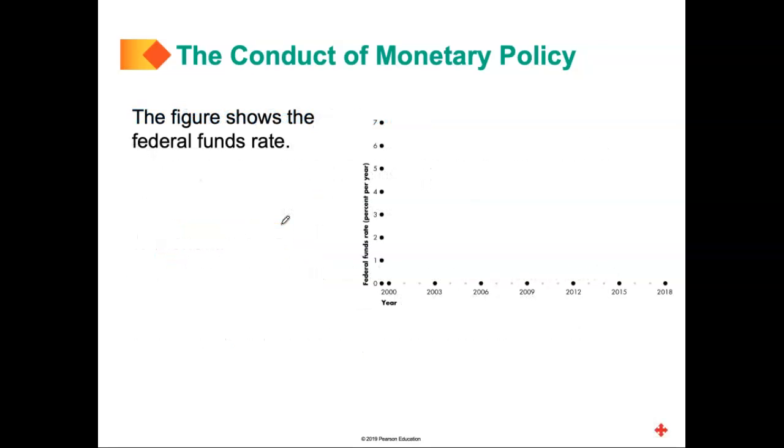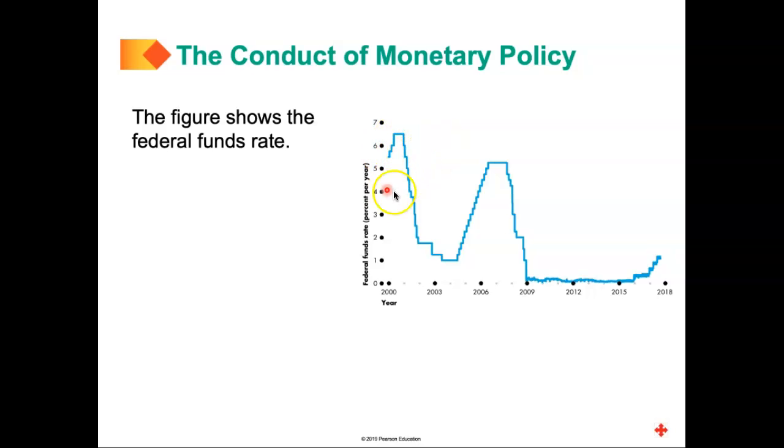Now, let's look at historical levels of the federal funds rate in the United States. We have a timeline over here, and we have the federal funds rate over the last two decades.